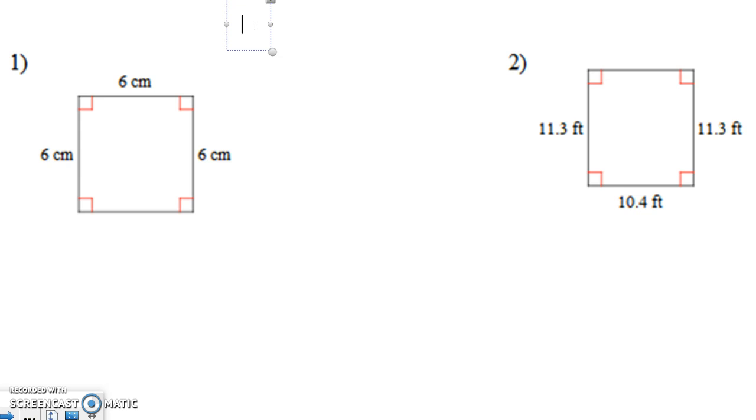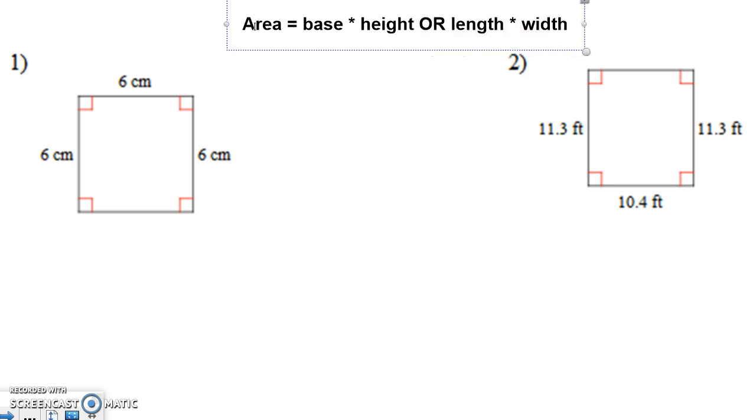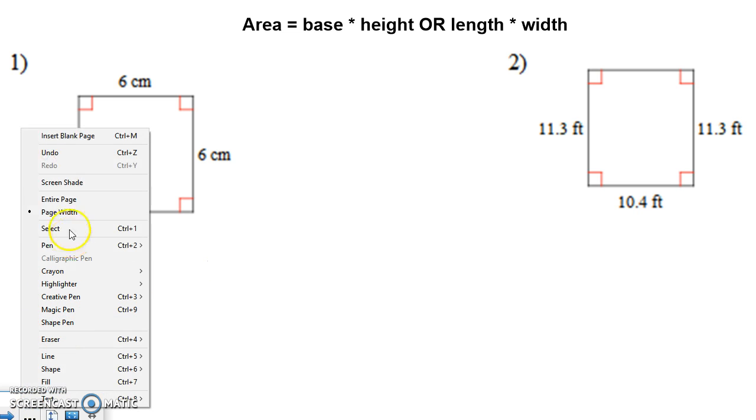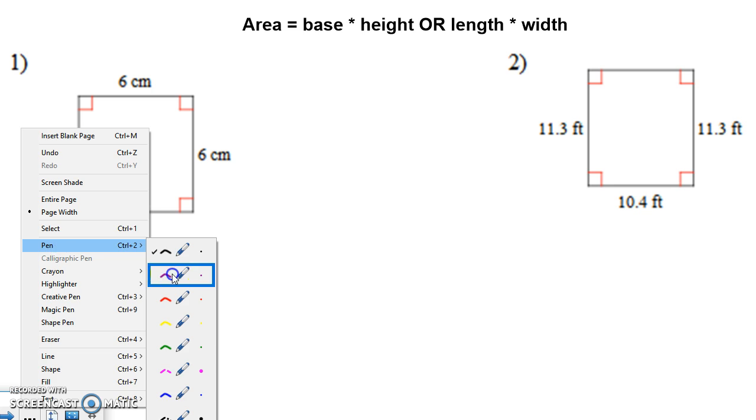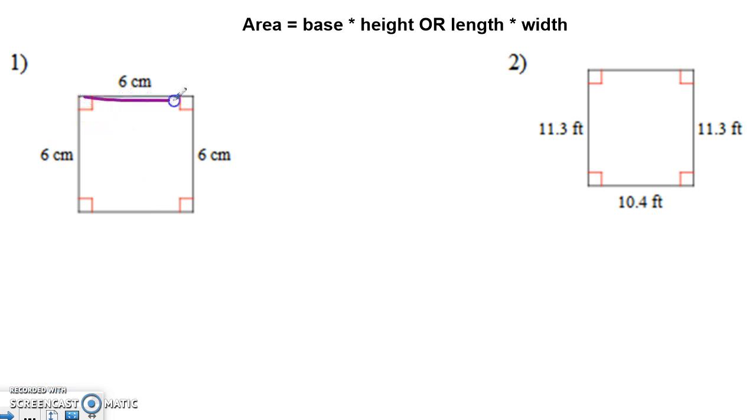The first two are just squares and rectangles, and you have already learned how to find the area of one of these. Remember from back in the day, to find the area of a square or a rectangle, you just did the base times the height, or some teachers would say length times width. It's really the exact same thing. For this square, I have a length and a width of 6, because it's the same.